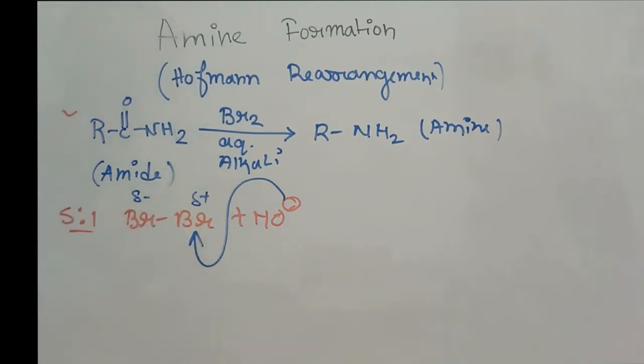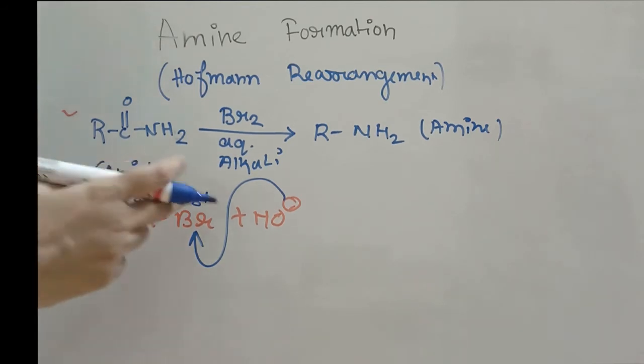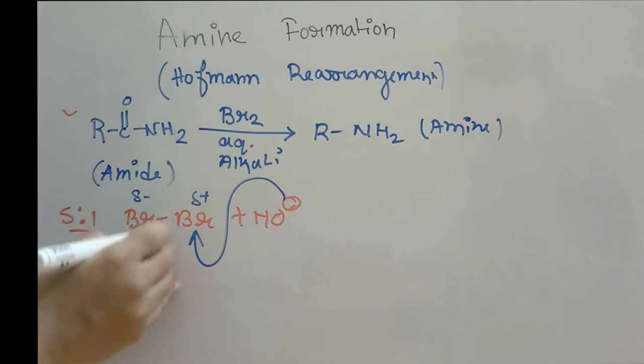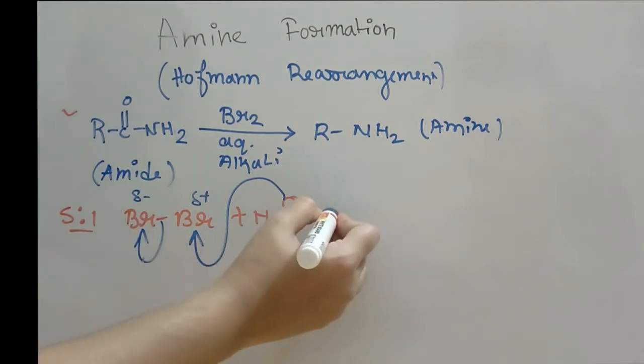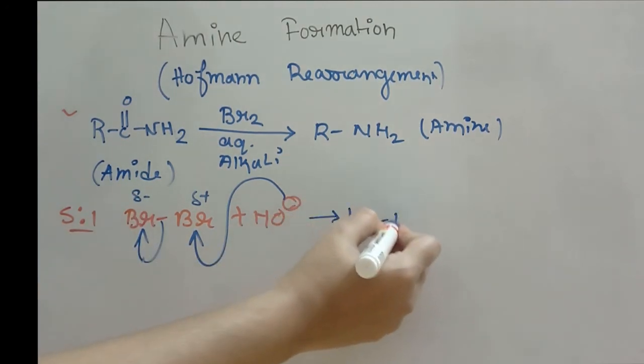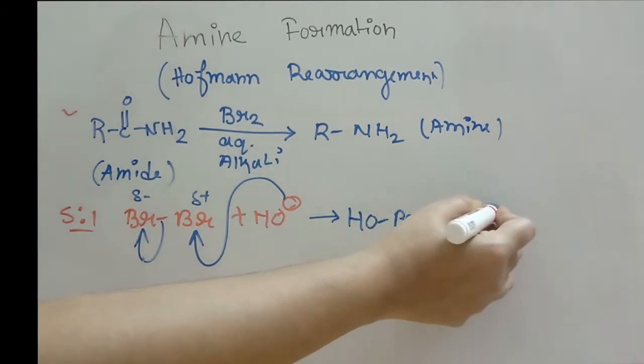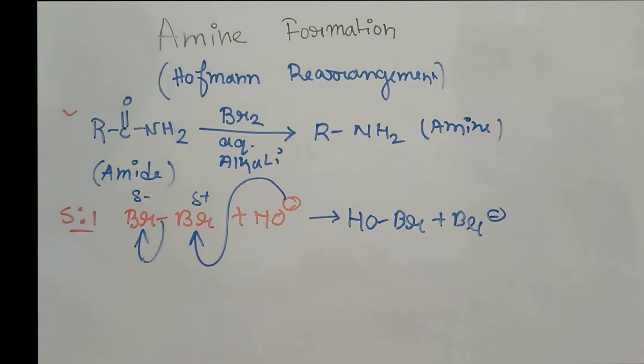In the transition state we can think of it as delta positive and negative. So HO minus will attack at the delta positive bromine, one bond will break, and we will get HOBr plus Br negative. Now we have HO and bromine.